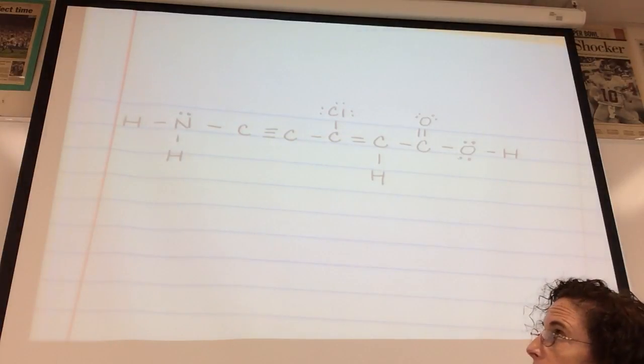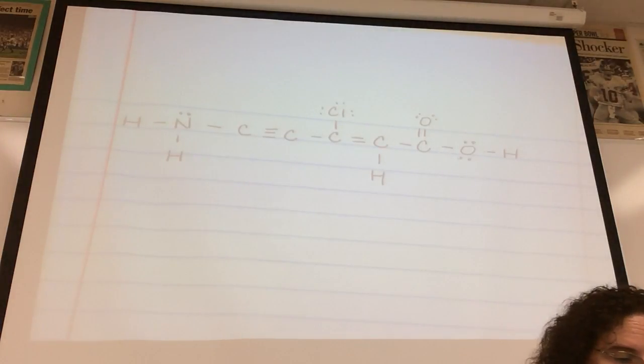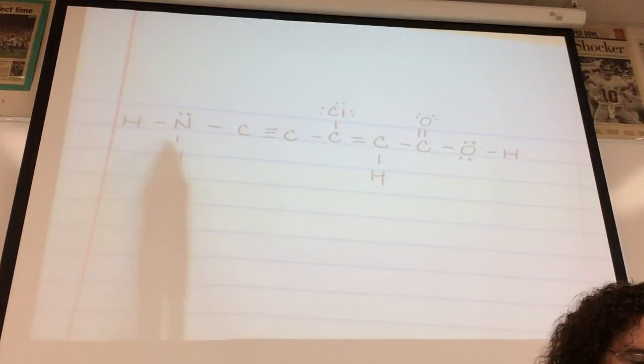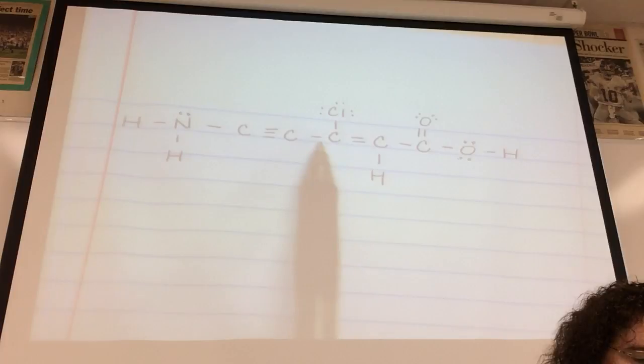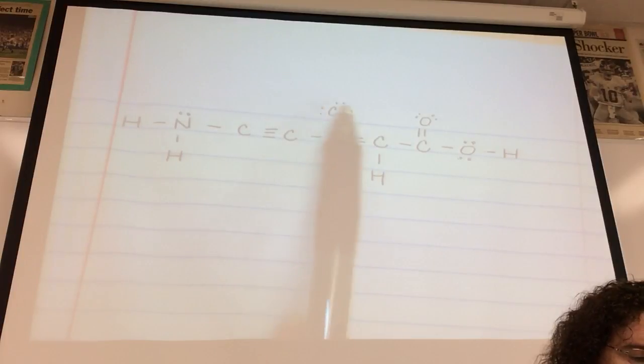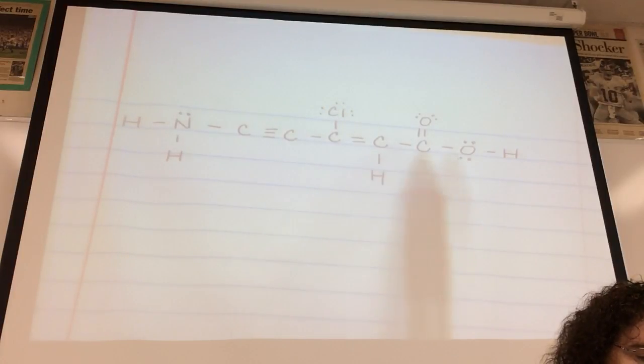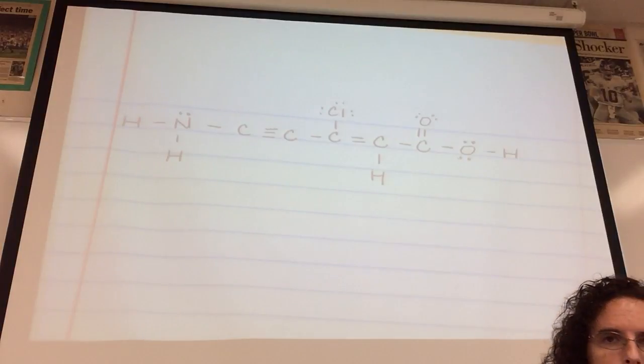Now structure good? That's how you're going to check yours. Hydrogen, nitrogen 3 bonds, lone pair, carbon with 4, carbon with 4, carbon with 4, halogen 1 bond, 3 lone pairs, carbon with 4, carbon with 4, looks good.